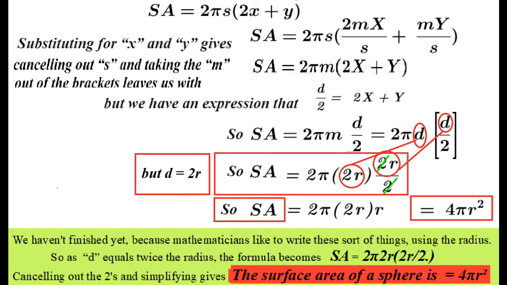We haven't finished yet, because mathematicians like to write these sort of things using the radius. So as d equals twice the radius, the formula becomes SA equals 2 pi times 2r times 2r over 2. Canceling out the 2's and simplifying gives us the surface area of the sphere is equal to 4 pi r squared.